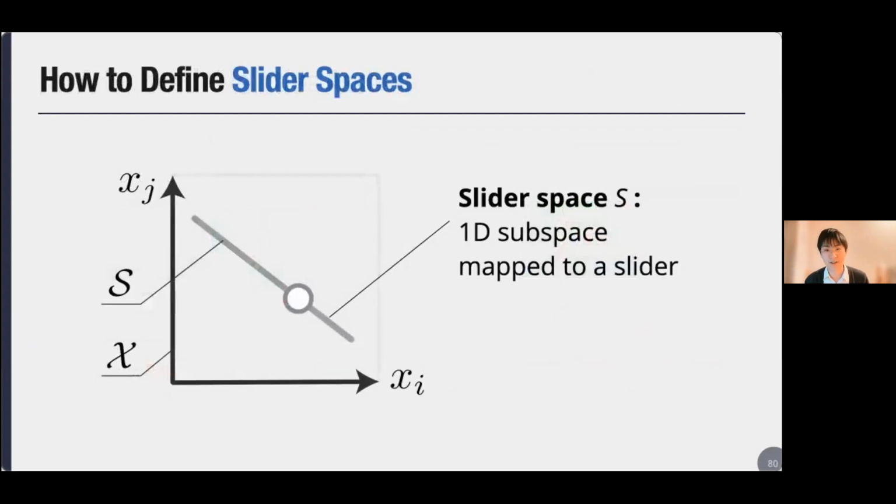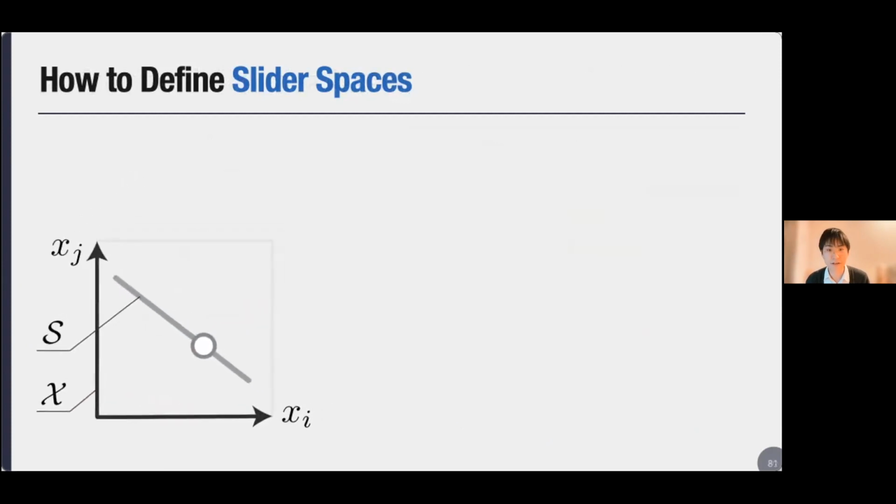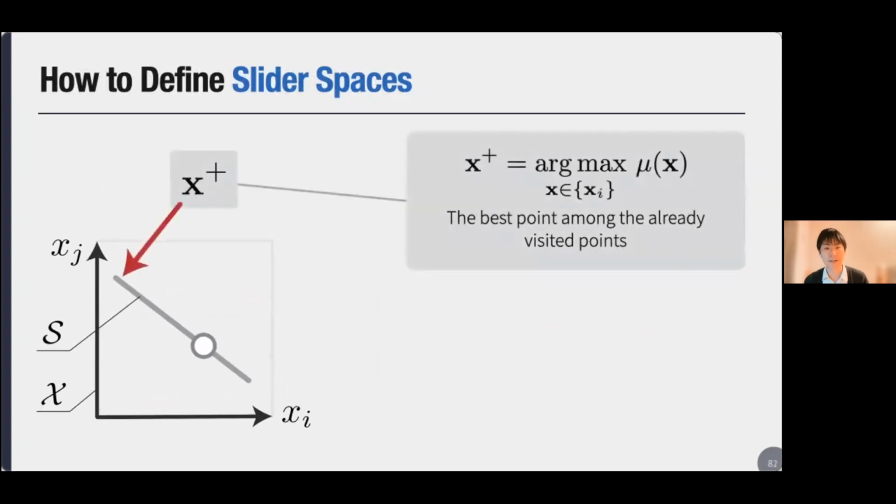The challenge here is the definition of the one-dimensional subspace that will be mapped to the slider in each iteration. For this, we extend PBO to determine this slider space for each iteration. We construct this slider space as follows. First, we set one endpoint to the point called X plus, which represents the best point observed so far.